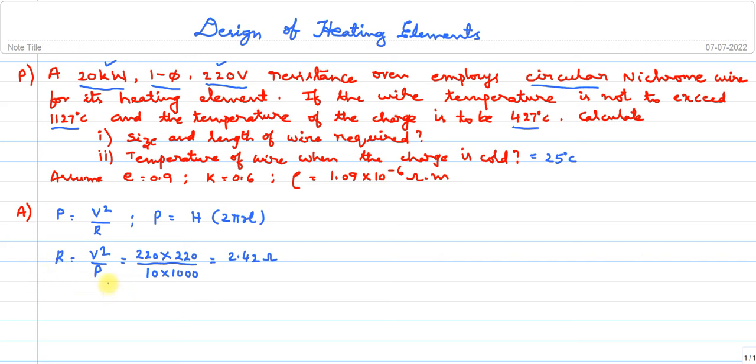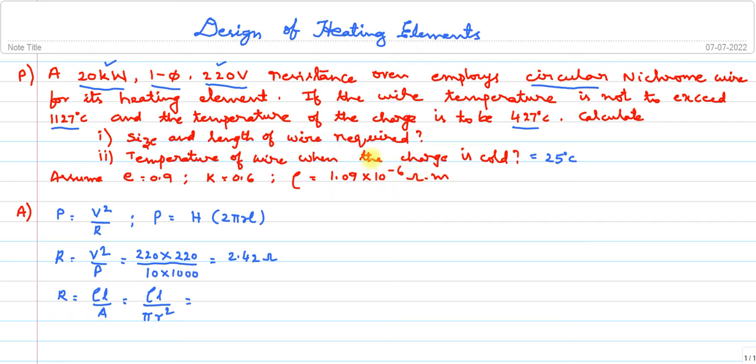Now our job is to go ahead with one more resistance formula, that is rho L by A, which is equal to rho L by pi r square. It is circular, so it is pi r square. Now we need to see what is rho.